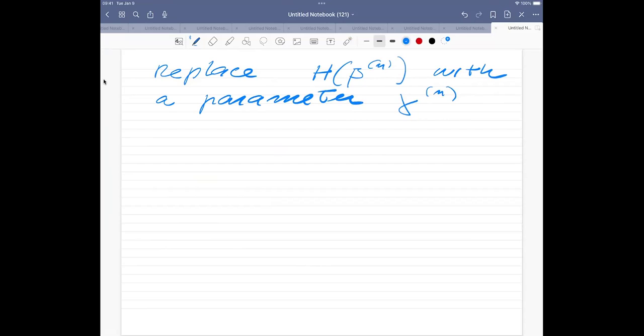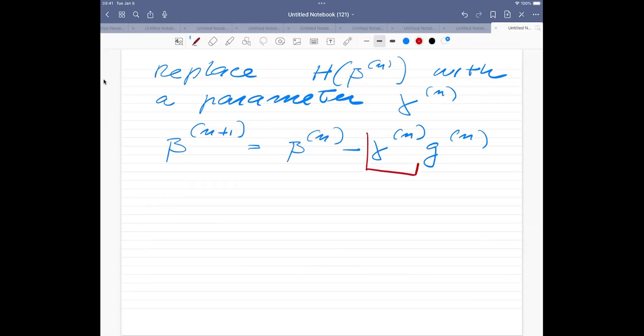So we get a recipe where beta of n plus 1 is given by beta of n minus this parameter gamma of n multiplied with the gradient. Even the gradient can be problematic to evaluate because we have to update it every time we perform an iteration. This parameter which you see here is called the learning rate. So you learn how the gradient moves on.